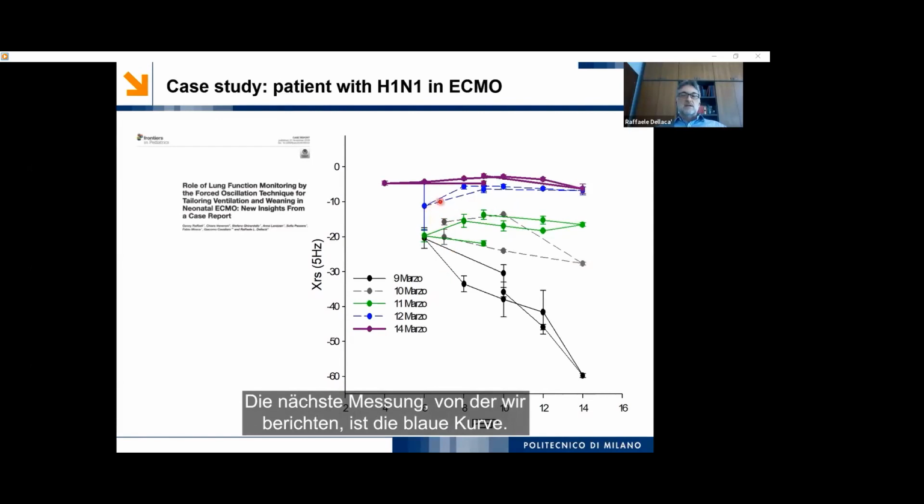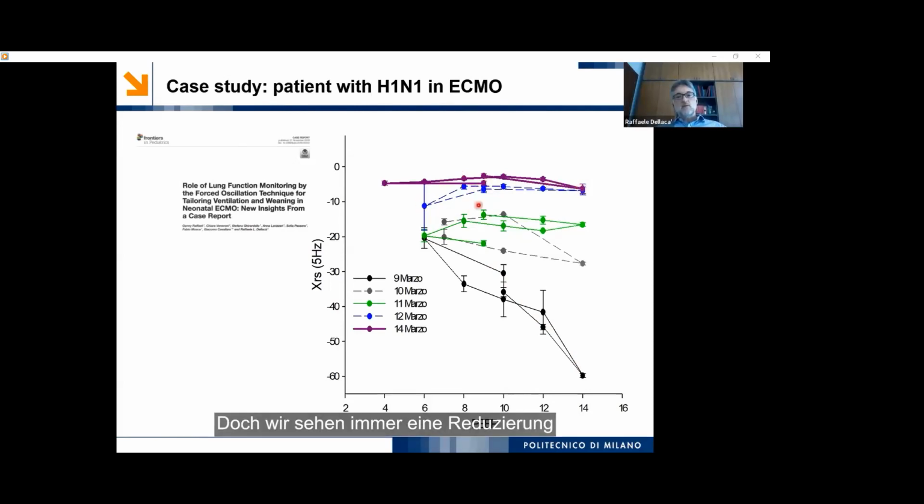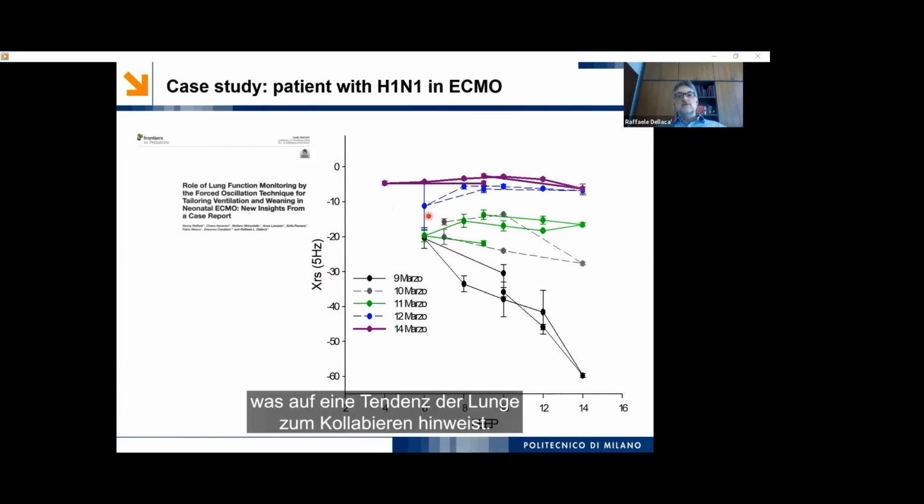You can see the next measurements that we are reporting is the blue one, in which we can see that there is no longer this tendency to get negative with increasing pressure, suggestive of a stable and recruited lung, but we were also always seeing some reduction of the reactance at low PEEP, suggestive of still a tendency of the lung to collapse.